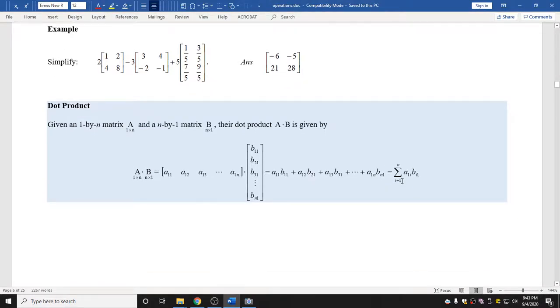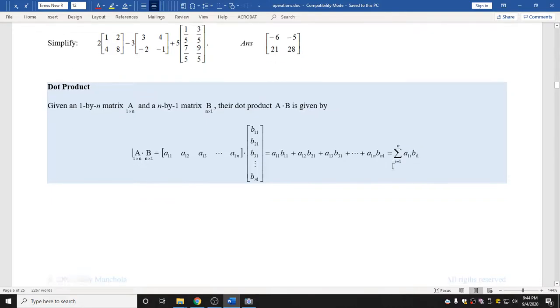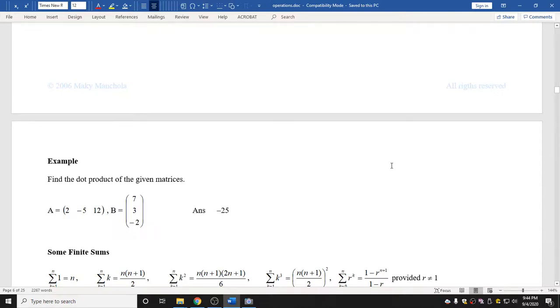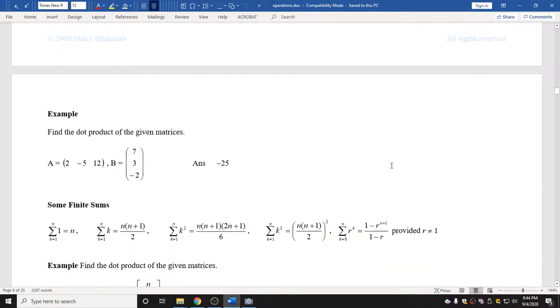Now, using sigma notation, the dot product of A and B is simply the sum from i equals 1 to n of A1i, Bi1. Okay, some examples. Find the dot product of the matrix A, which is a row matrix, 2, -5, 12, and the matrix B, which is a column matrix, 7, 3, -2.